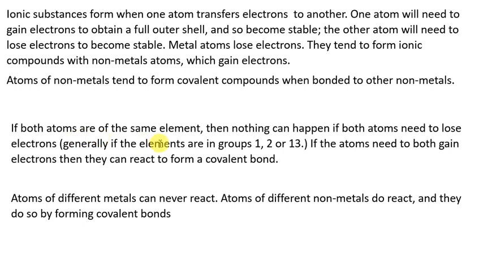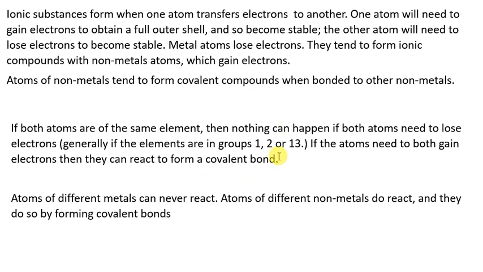If both atoms are of the same element, then nothing can happen if both atoms need to lose electrons. And generally, that's if the elements are in groups 1, 2, or 13. If the atoms need to both gain electrons, they can react to form a covalent bond.